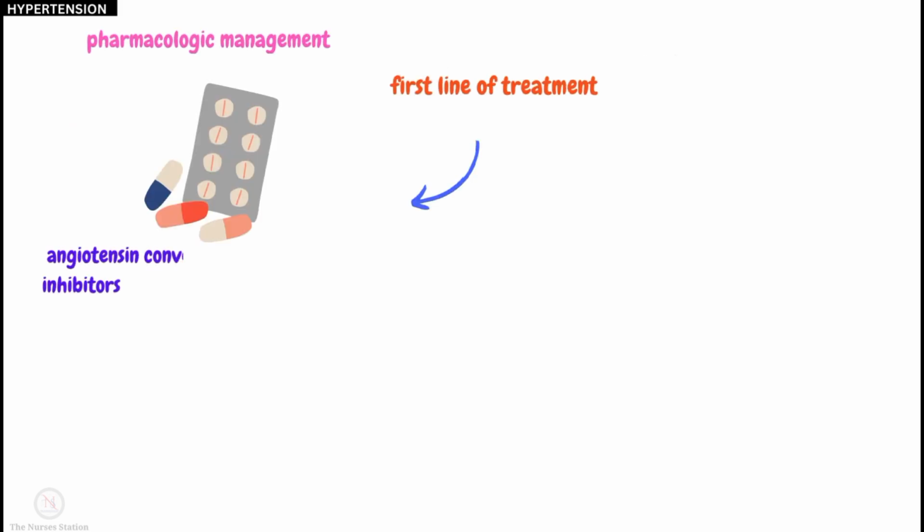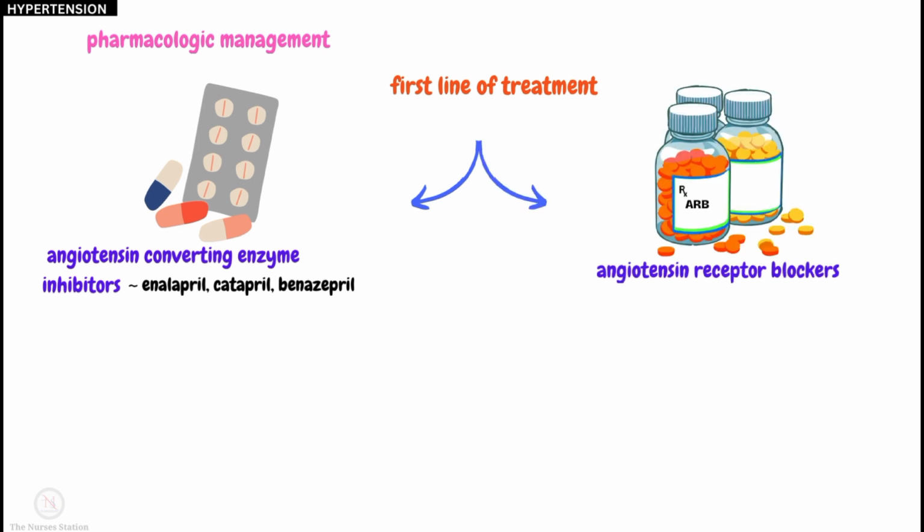Coming to the pharmacologic management of hypertension, the first line of treatment includes angiotensin-converting enzyme inhibitors like enalapril, captopril, benazepril, or angiotensin receptor blockers like telmisartan, olmesartan, losartan. Initially, patients are given low doses of medications.